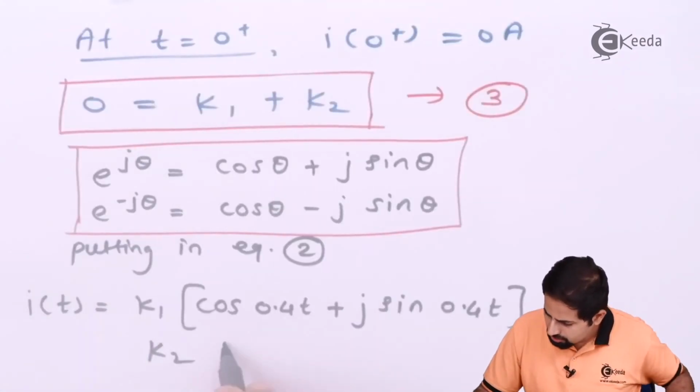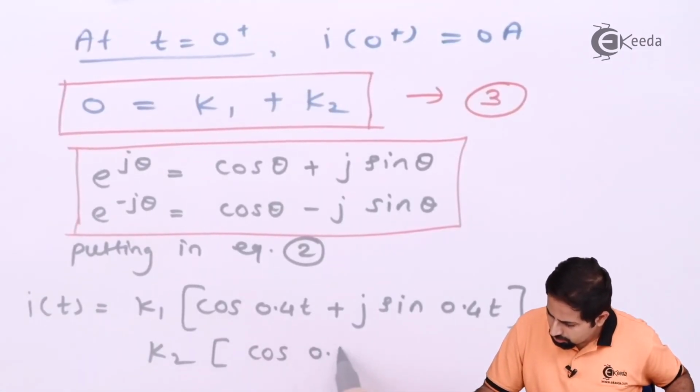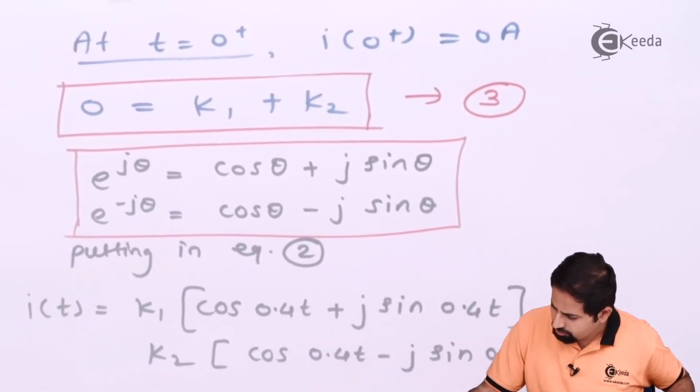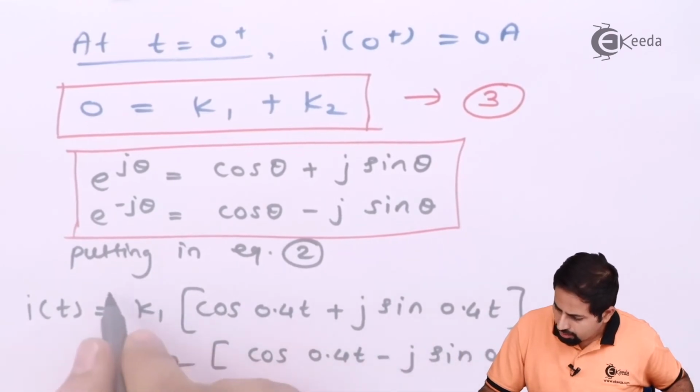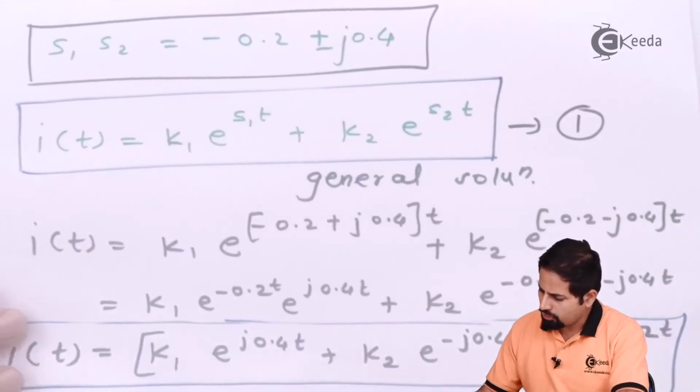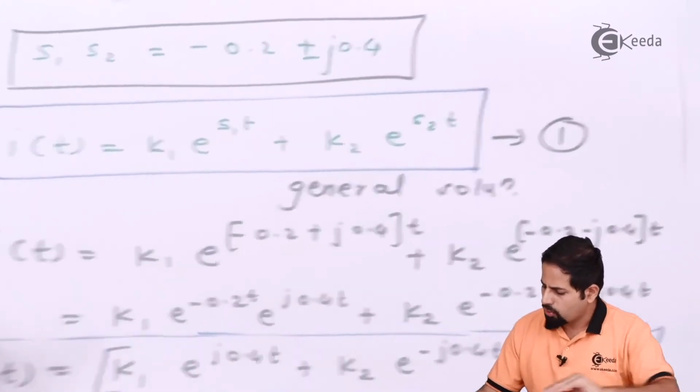So it is cos and sine of 0.4 t, and the complete equation is being multiplied by this factor, which we should not forget, e raised to minus 0.2 t.